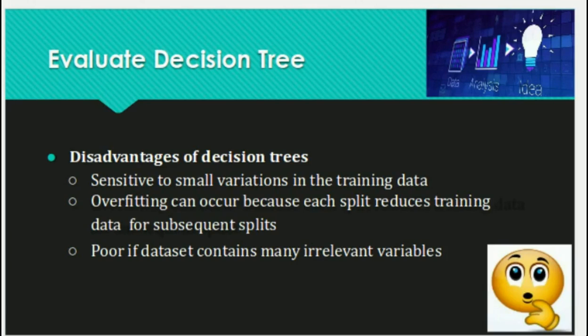If a tree is too deep, then overfitting may occur because each split reduces the training data for subsequent splits. Decision trees are not a good choice if the dataset contains many irrelevant variables. So these are a few disadvantages of decision tree.